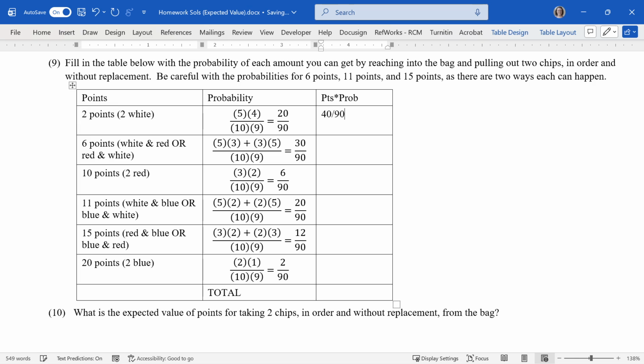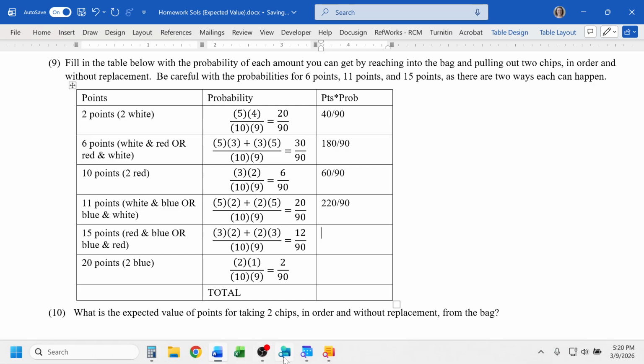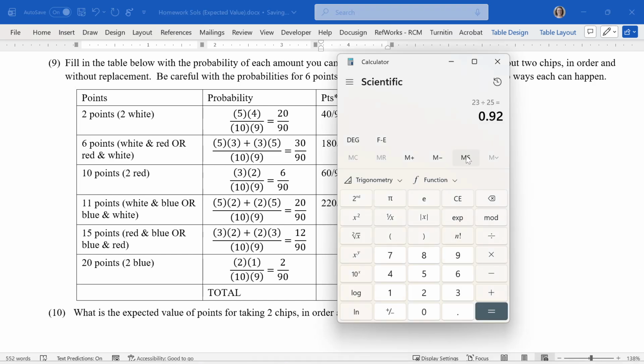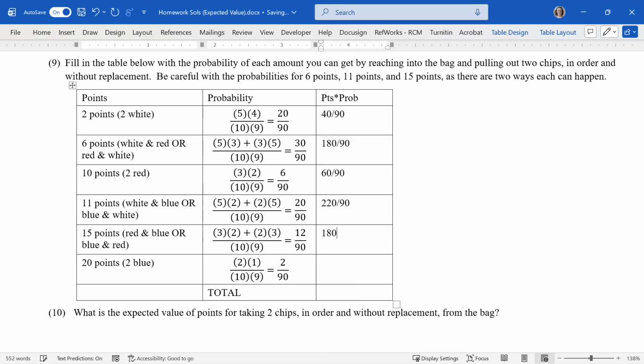So this will be 40 out of 90. 6 times 30, 180 out of 90. 10 times 6, 60 out of 90. 11 times 20, that's a little harder, 220 out of 90, I think. 15 times 12, okay. Now it's calculator time. I do not have my times tables up to 15 memorized. 15 times 12, okay, 180. 90. And then 20 times 2, so that's 40, 90.